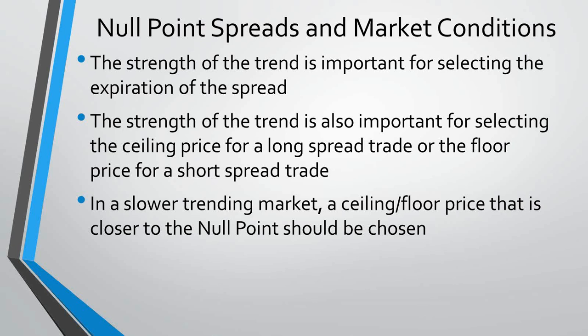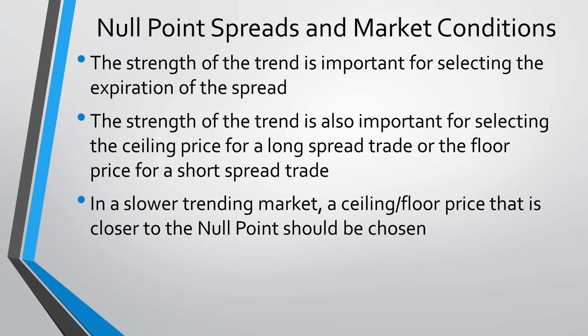In slower trending market conditions, a ceiling or floor price that is closer to the null point should be chosen. Why? Because I want it to be able to reach that ceiling or floor price for my spread to reach its full value. So if the market's trending slowly, for a long trade, I want a ceiling price that's closer. I can choose a ceiling price that's really far away, but if the spread's going to expire before it gets even remotely close to that ceiling price, it's not the best choice.